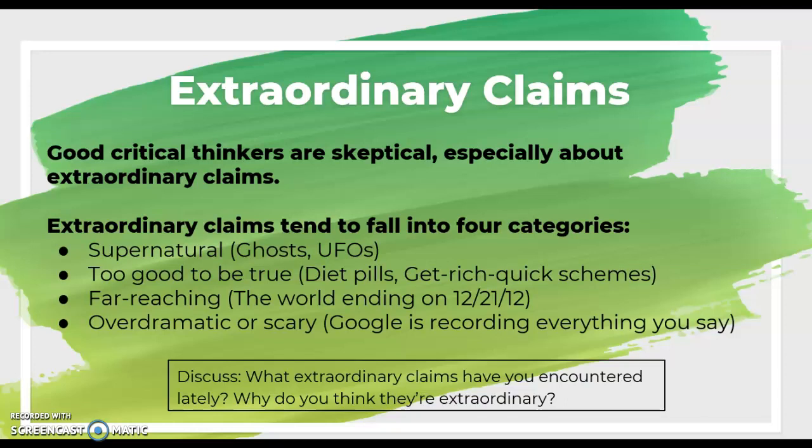So watch out for claims that fall into these categories, as they probably need a little extra examination in order to be believed. Typically, claims that fall into these categories are not as credible. So we have to be extra good critical thinkers in making sure that we aren't believing these claims without solid evidence.